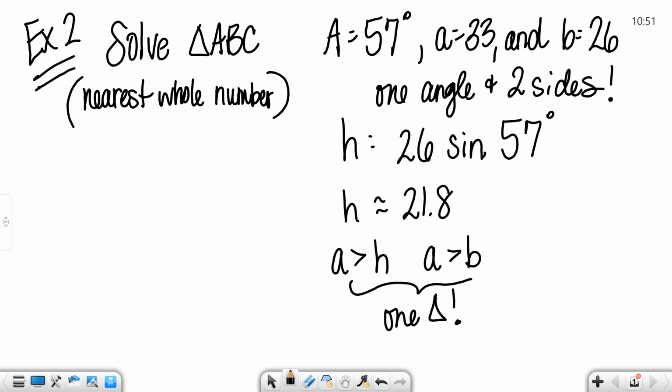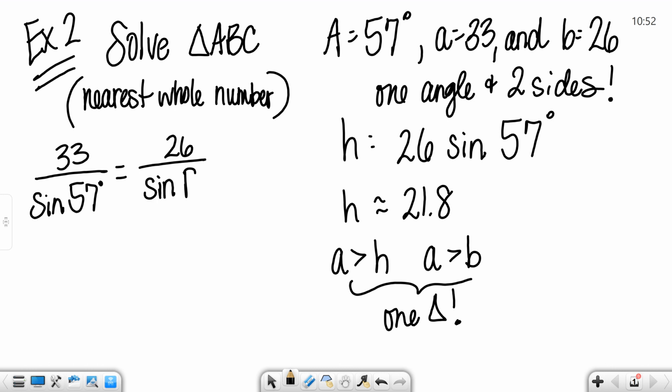So we'll start working. Again, we'll start with our known information. 33 divided by the sine of 57 is equal to, we know little b, so let's find the sine of angle B. Let's do all the algebra first.